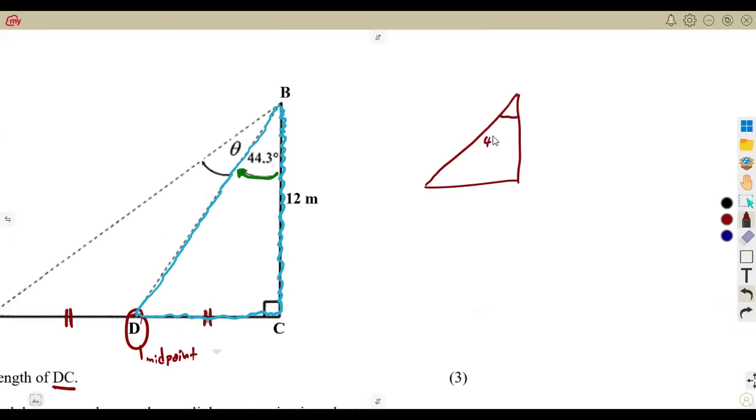Remember, there's an angle inside, 43.3. This is your B, this is your C, this is your D, this is 12 meters. We can find this side. According to the angle given, this side is the opposite. And the given side, BC, is representing what? The adjacent. Which ratio uses these? Remember your trigonometrical ratios. This is a right angle triangle from our SOH CAH TOA.